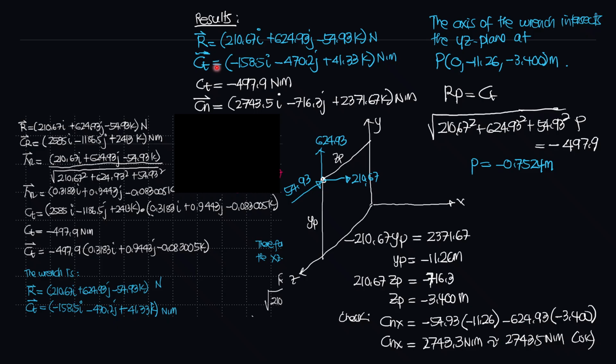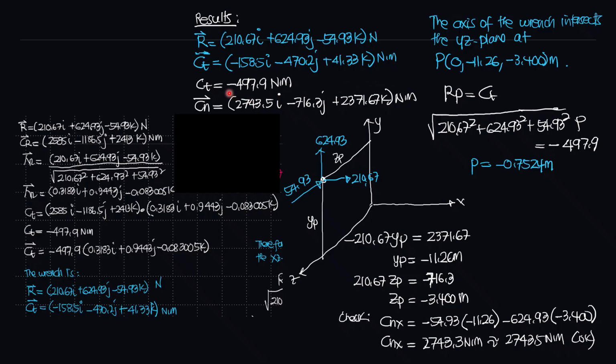The resultant is R equals 210.67 I plus 624.93 J minus 54.93 K newtons, and this is the tangential component of the couple that will twist the screwdriver: negative 1585 I minus 470.2 J plus 41.33 K Newton meter.